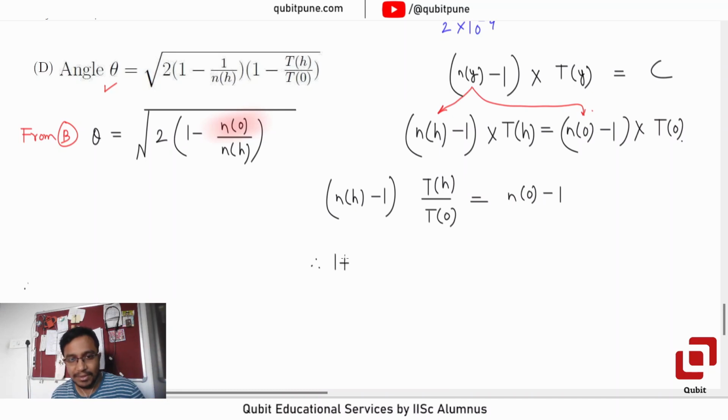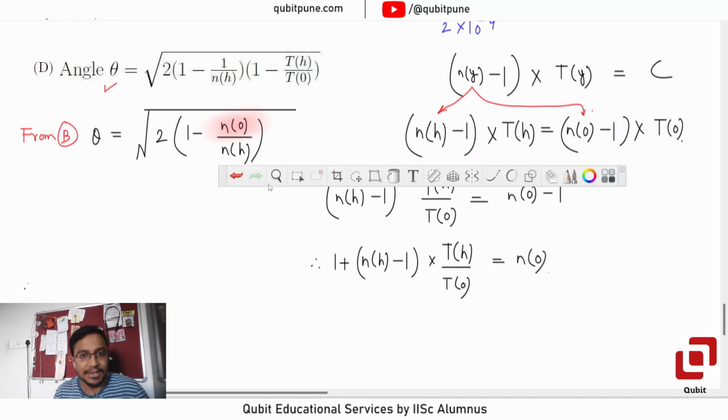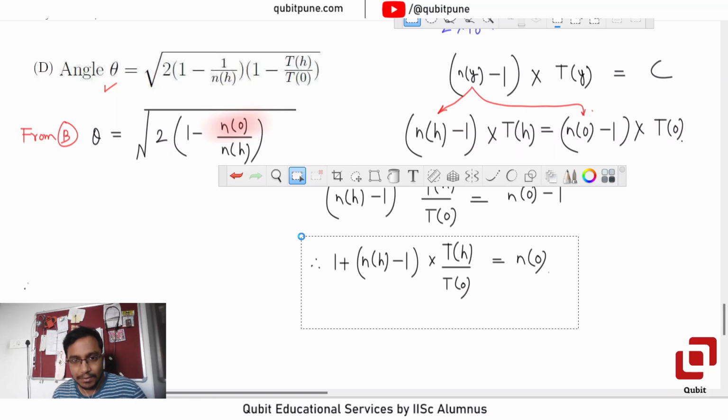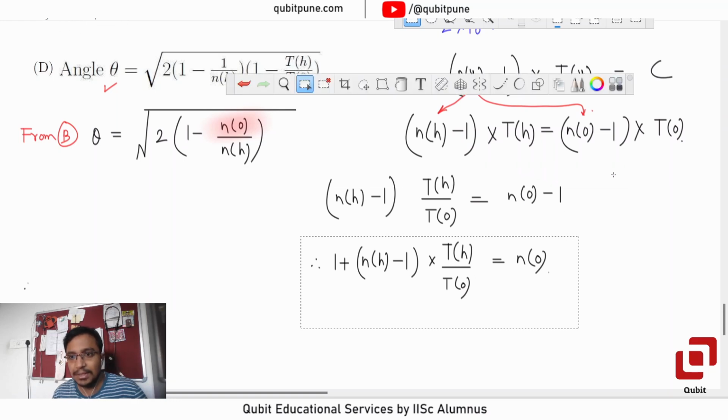So we will get 1 plus nh minus 1 into th by t0 as n0. And then we have to substitute that n0 there.